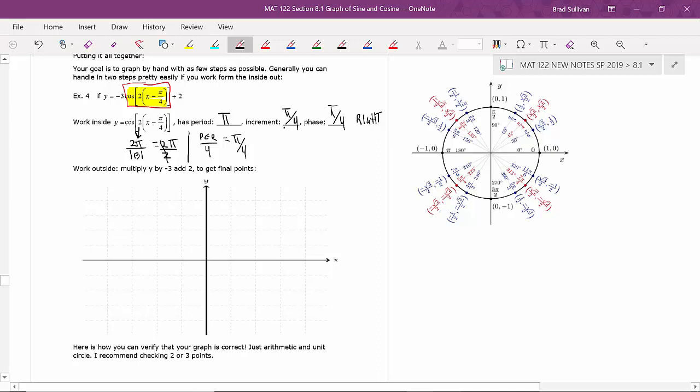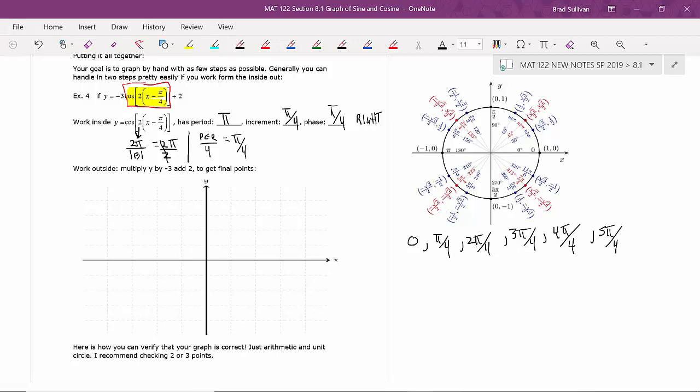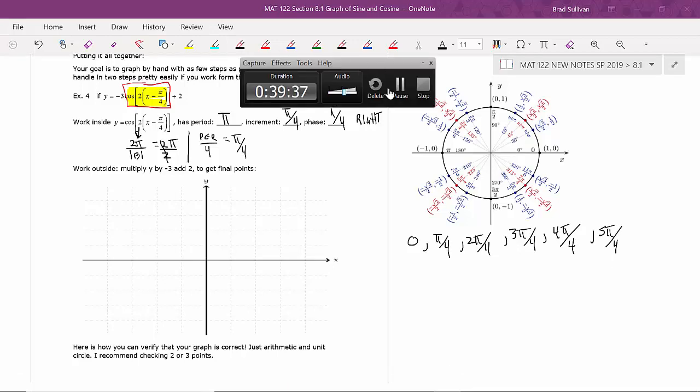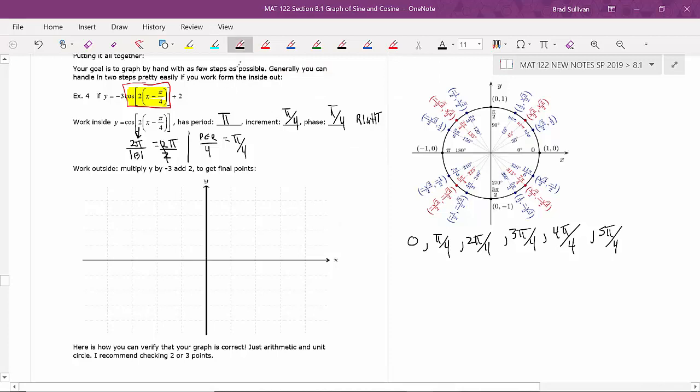Since we have an increment of pi over 4, then just start counting by it. So pi over 4, 2 pi over 4, 3 pi over 4, and 4 pi over 4, and then I'm going to go one more, 5 pi over 4. Okay, and reduce the fractions as you go. So let's get it set up.